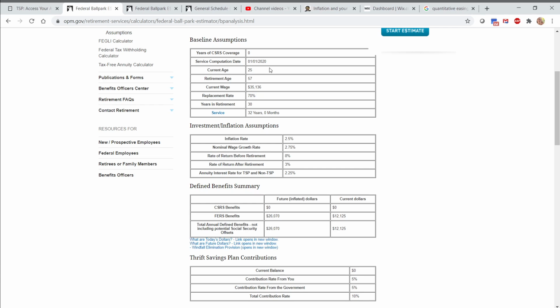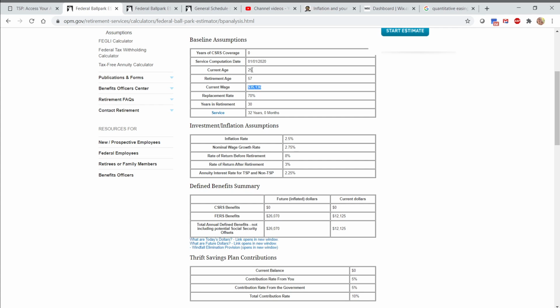This 25-year-old that's going to retire at 57, that currently has a wage of $35,136, who wants to replace 70% of his wage in retirement with 30 years of service. It's really 32 because 30 plus 25 is 55.